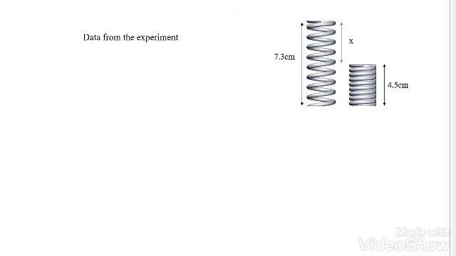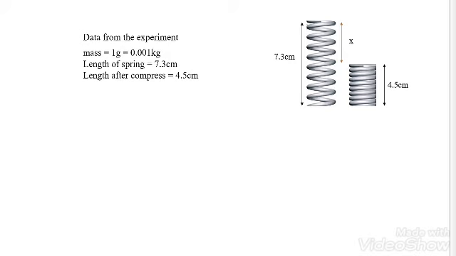I will continue with the calculation for this case. From the experiment data, the mass we use is 1 gram, equal to 0.001 kilogram. The length of the spring is 7.3 centimeters, and after compression we get 4.5 centimeters.